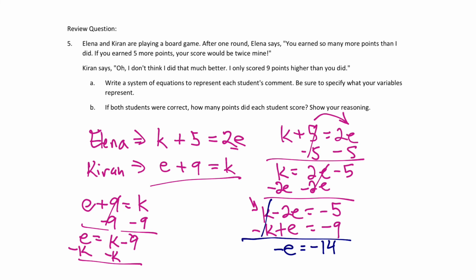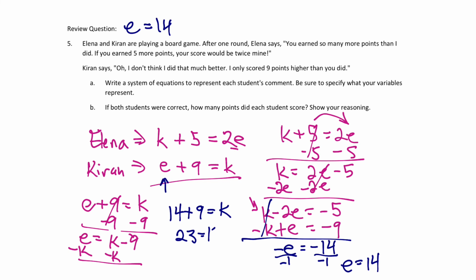We have a negative in front of both of these, so I divide by negative 1 on both sides, and I get E equals 14, which makes sense because she should have positive points. So Elena has 14 points. We want to see what Kieran got. Elena is 14, plus 9 equals Kieran's score. So Kieran's score is 23.